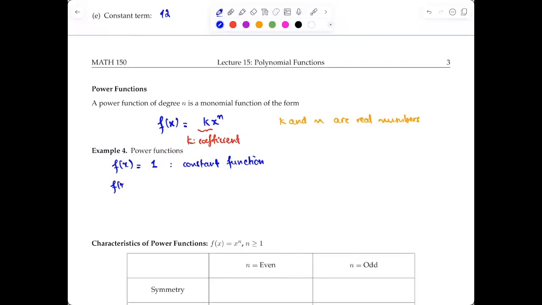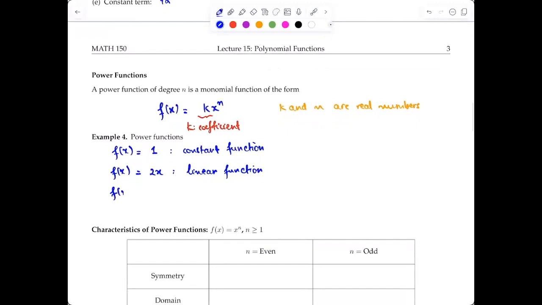You may have the function of the form 2x. This is a linear function, but in general, this is called a power function because you have x raised to the first power. And this is only one term in the function 2x. So this is the power function of degree 1.